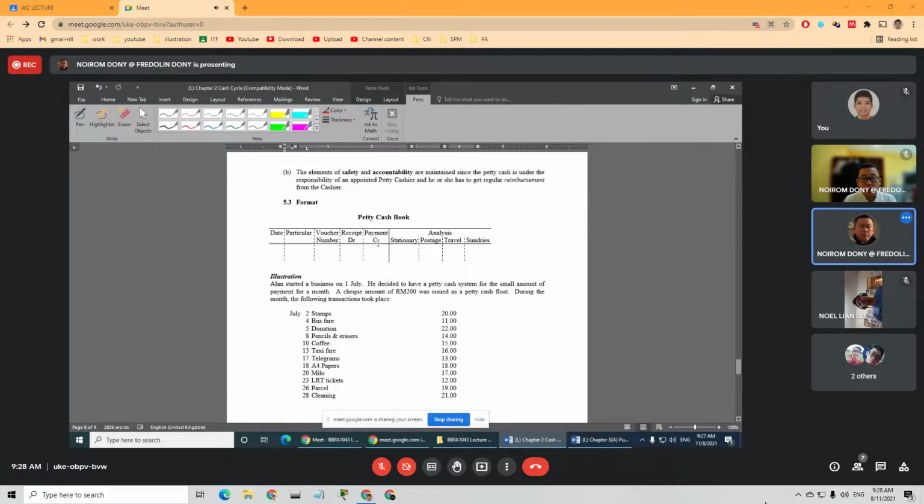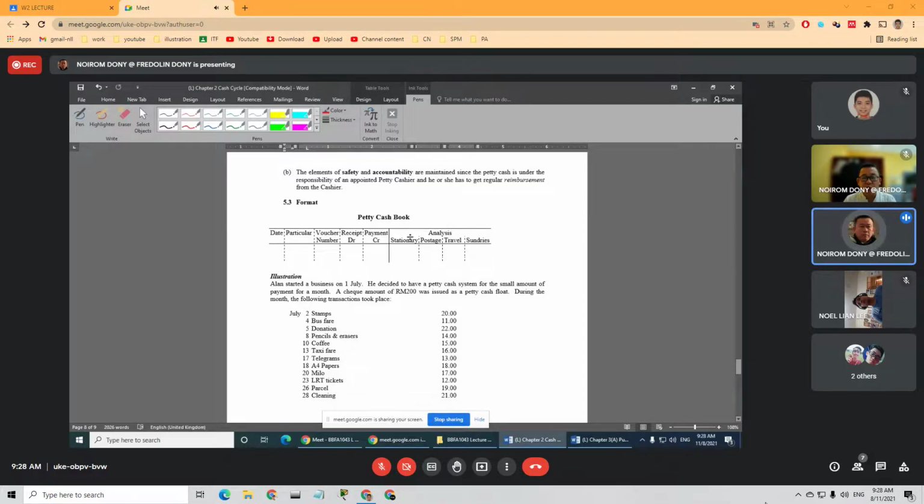Then the payment we have to record twice. The first recording will be in the payment column, and after that we have to put it into the analysis of related expenses.